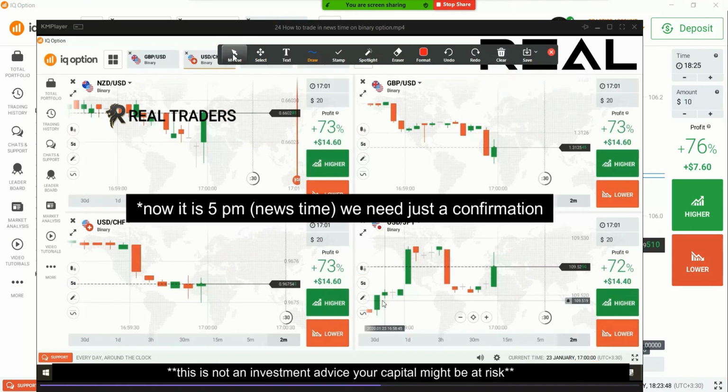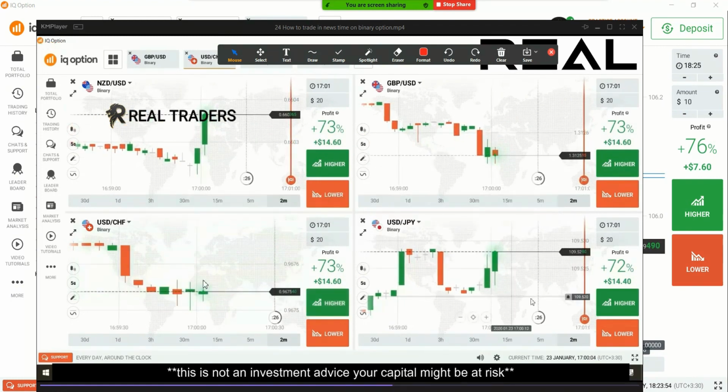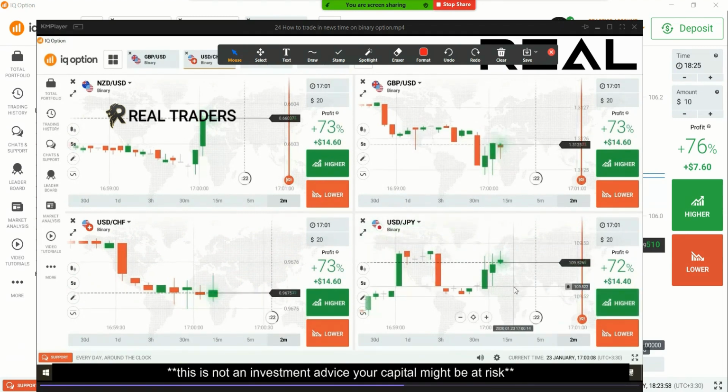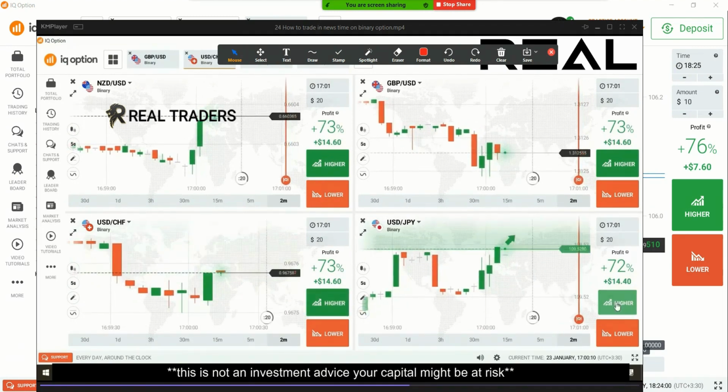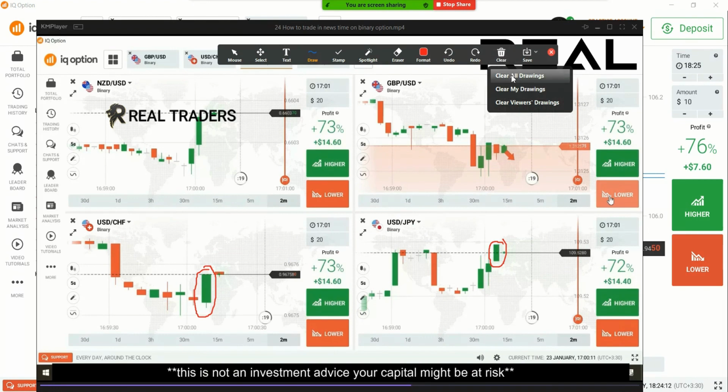So let me show you my confirmation. You can see here I'm waiting for a green confirmation. Okay, so here I got my good green confirmation, so I'm placing the higher option.